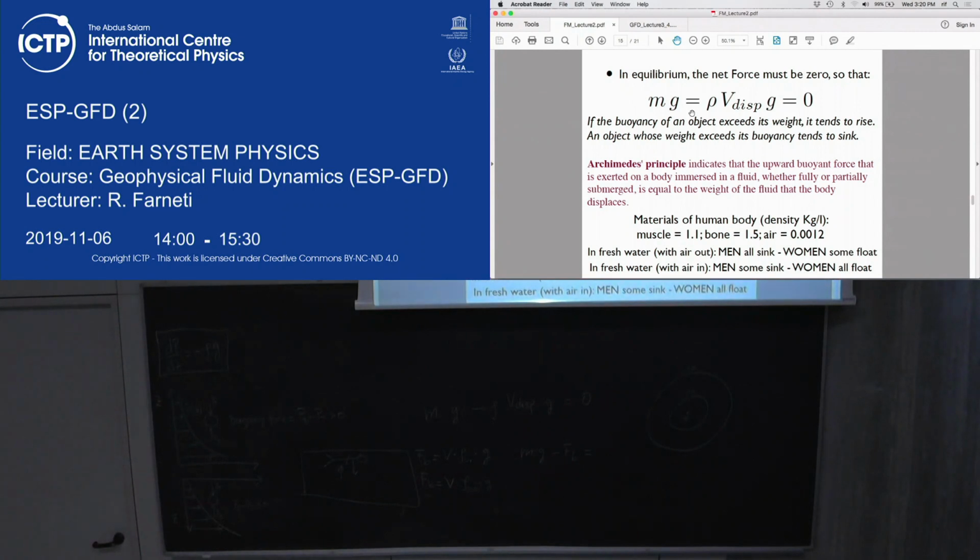So this is a silly example, but I'm trying to introduce the next example, which is a real one. You can change the density of your volume, keeping the same volume and therefore the same buoyancy force, and be an object that tends to sink or one that tends to float. It's all about how dense you are, given the same volume.